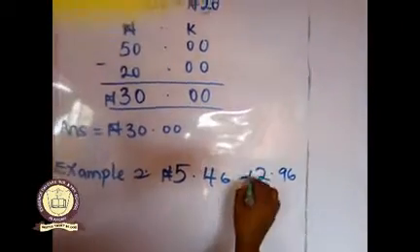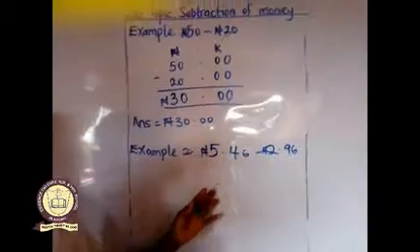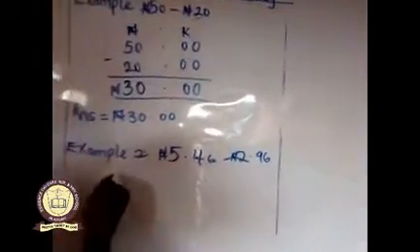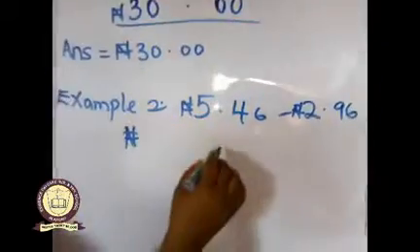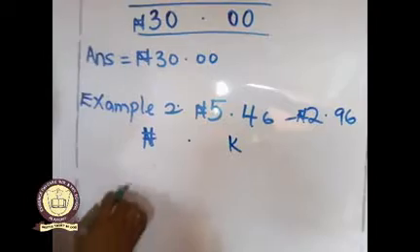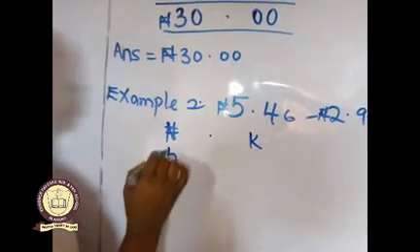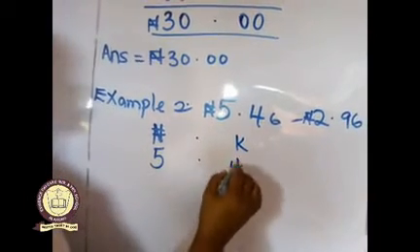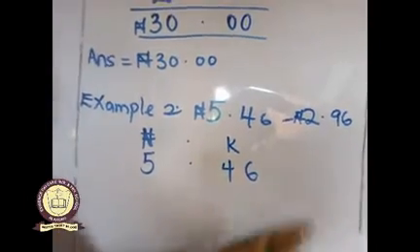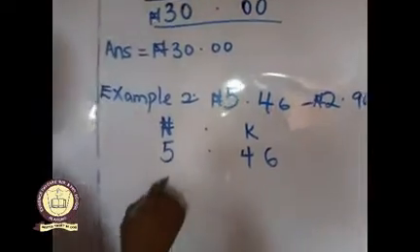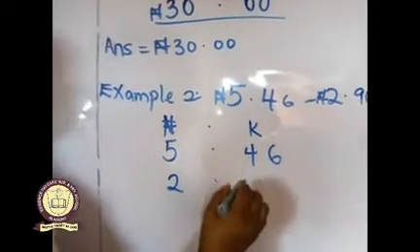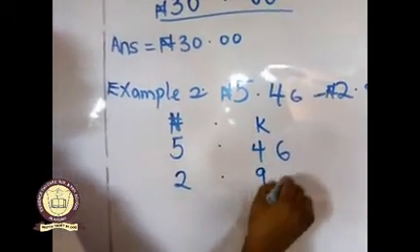How do you do that? You write the bigger number first, and don't forget that the first thing you write is your naira and your kobo. Your 5 naira will be under your naira, 5 and 46 kobo. Then you come to your 2 naira here, 2 naira, 96 kobo.